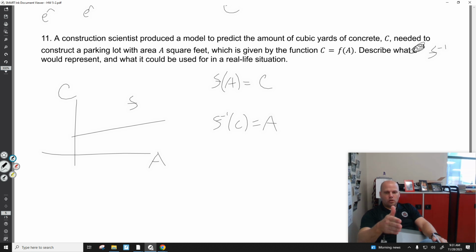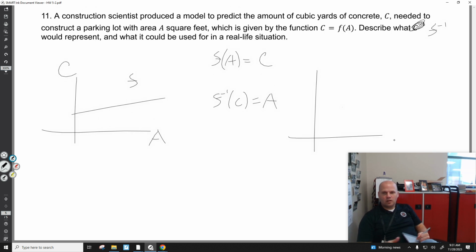So you have the concrete first. You will then be able to say, oh, this is how many jobs I can do. The F inverse is going to take your concrete outputs, and instead you're going to be like, what if I had my concrete first? Then we'd be able to figure out how much area.